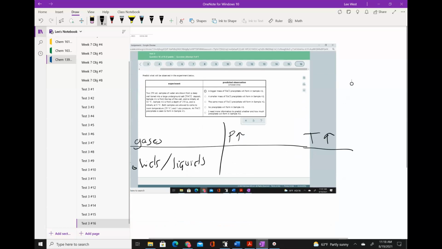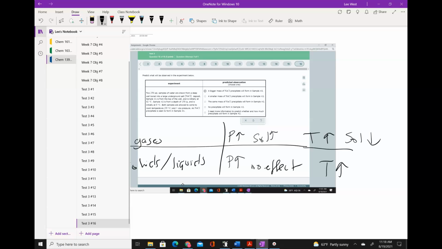And for gases, as the pressure goes up, the solubility goes up. For gases, as the temperature goes up, the solubility goes down. For solids and liquids, as the pressure goes up or down, there's no effect on the solubility. But as the temperature goes up, the solubility goes up.